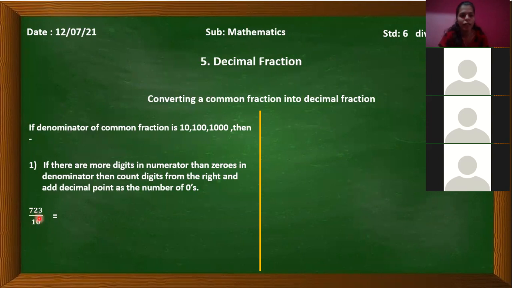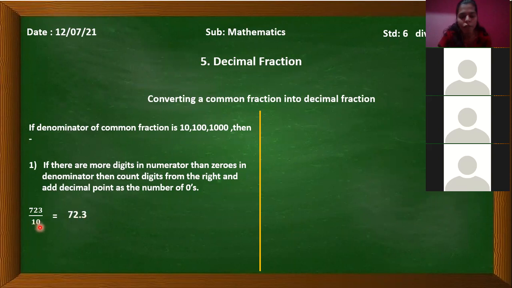So we will write this number here as it is, which is 723, right? And we will give a decimal point to this number from the right side. From the right side, which number comes first in 723? 3. Yes, right. So we will give a decimal point before 3.